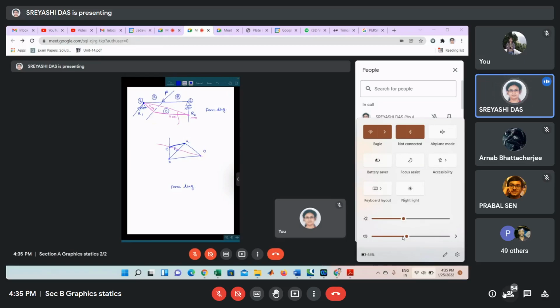So just from A, if you draw a horizontal line, then this vertical part will give you the vertical component of R1, and this is the horizontal component of R1. And this CA is the whole R1. So in this way, you can find out the reactions in case of inclined load also.